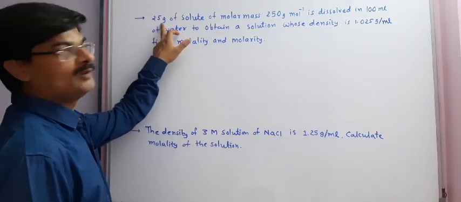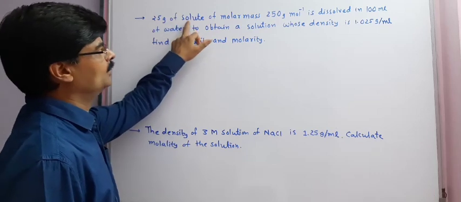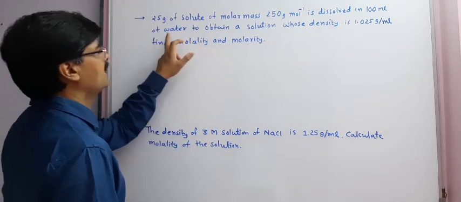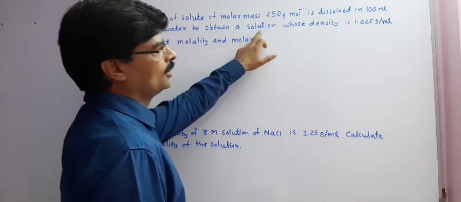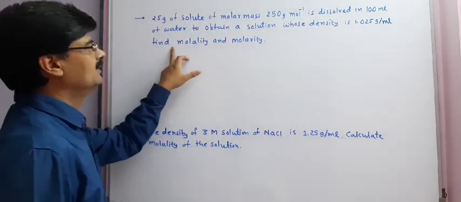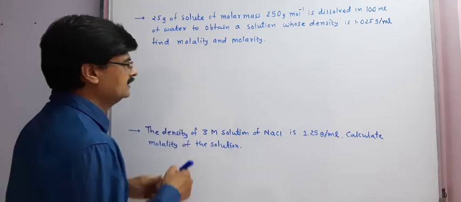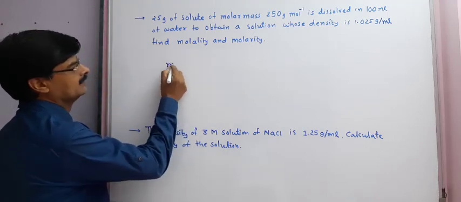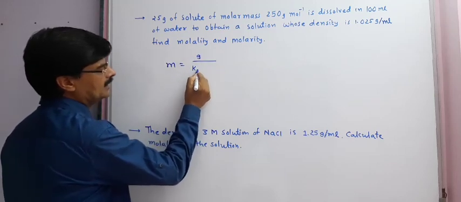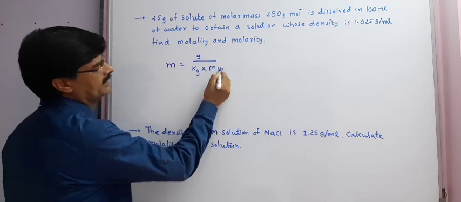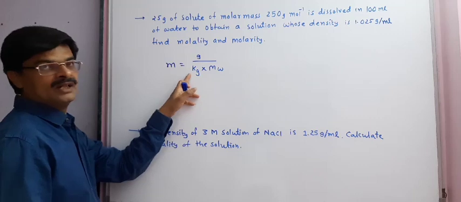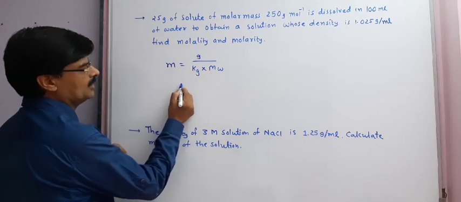In the next sum, 25 gram of solute of molar mass 250 gram per mole is dissolved in 100 ml of water to obtain a solution whose density is 1.025 gram per ml. Find molality and molarity. First we will find molality. Molality is equal to gram per kilogram into molecular weight, that is gram of solute and solvent mass in kilogram into molecular mass of that particular substance.